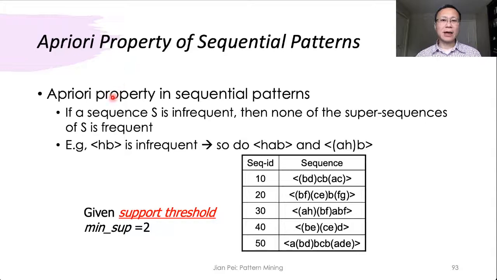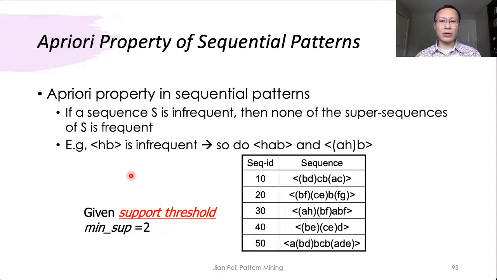Fortunately, the a priori property is also available for sequential patterns. That is, if a sequence S is infrequent, no matter how you add more elements into S, the expanded supersequence can never be frequent.